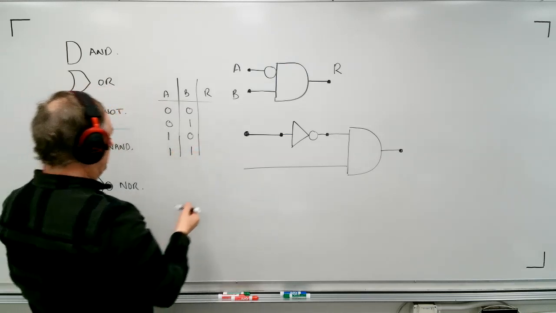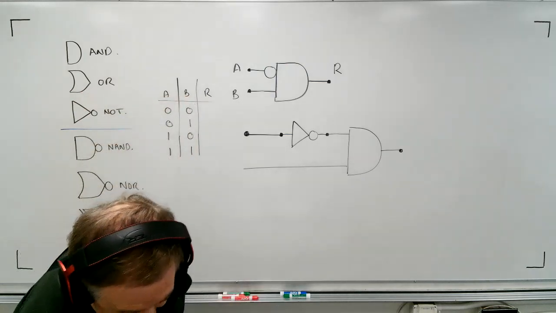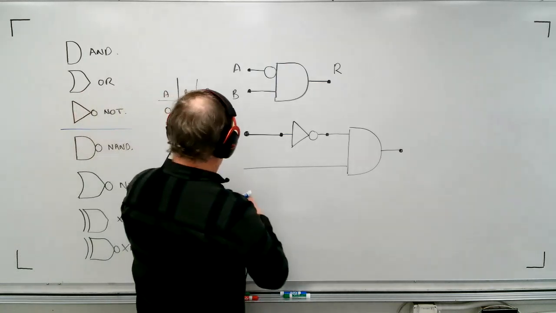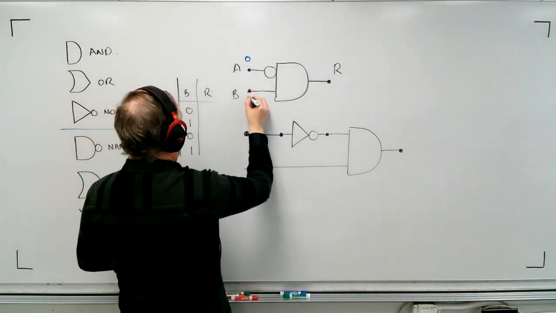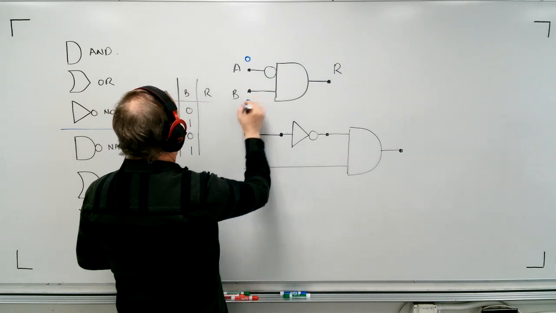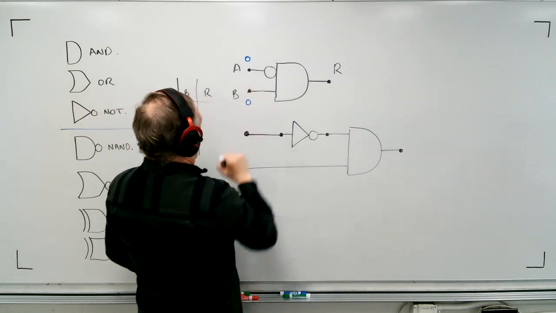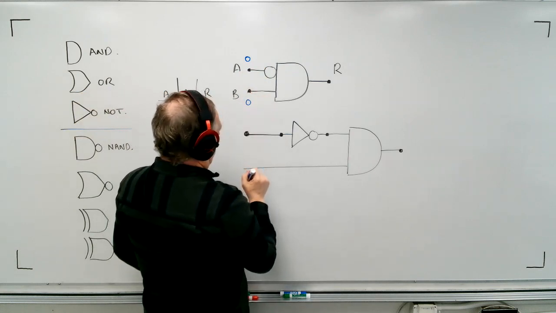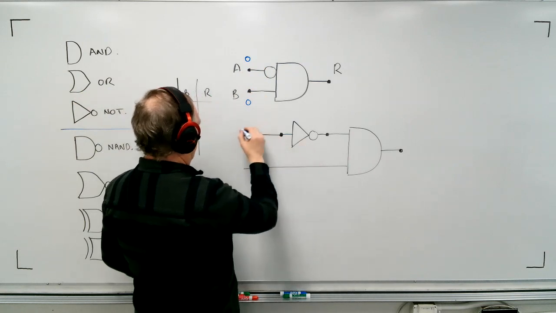And I'll tell you right now, you probably have an advantage using a whiteboard when you do this, because watch what I do. I start with 0 and 0. Now this represents this 0 and this 0 right here. Maybe I'll start with this one, it'll be easier to look at.